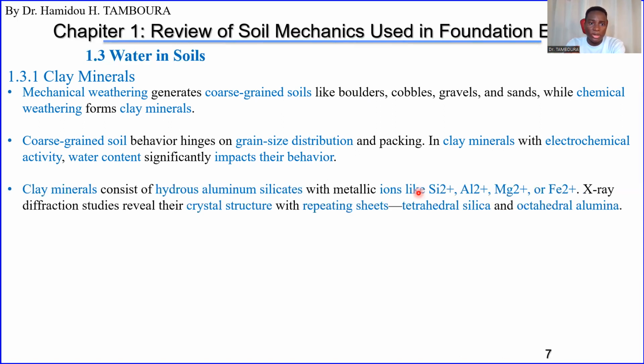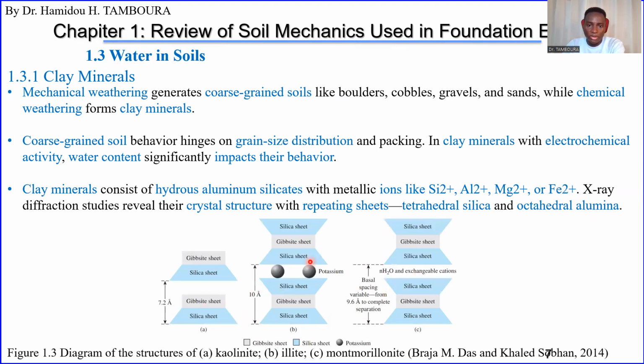Clay mineral consists of hydrous aluminum silicate with metallic ions. When we do X-ray diffraction, we can see the crystal structure with repetitive sheets, sheets of tetrahedral silica and octahedral aluminum. This is, for example, clay A, kaolinite.